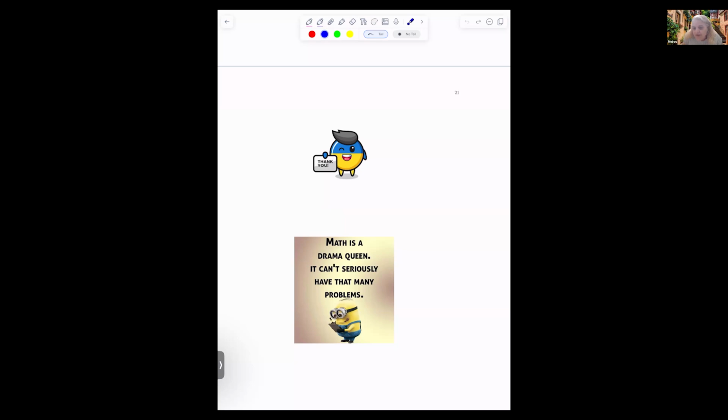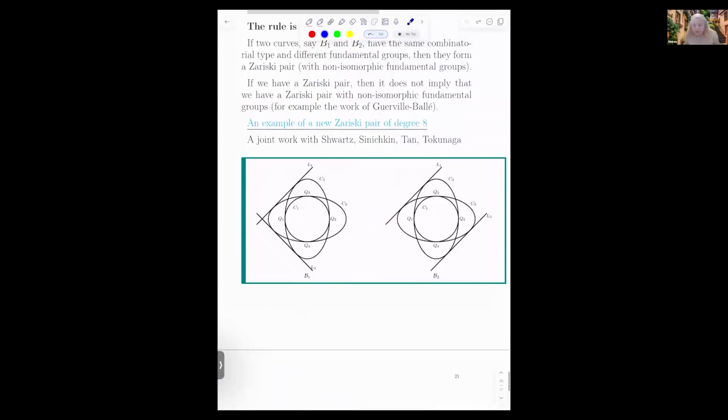Yeah, I see a question, the fundamental group of which component you are studying. This one or number 2? You mean the last example, this one?